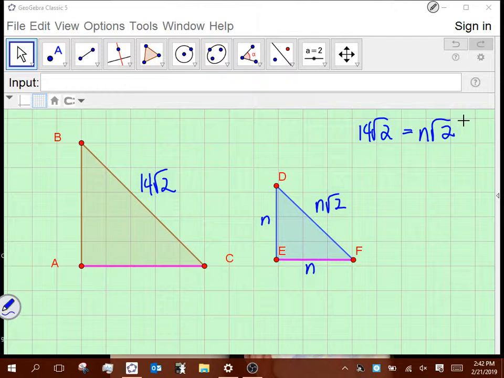The first thing I want you guys to understand, and I don't know how much we talked about it in this class because there's a couple classes that we didn't talk about this last week. N radical 2 is equivalent to radical 2 times n. Does that make sense to everybody? For the same reason, if I had n times 2, is that the same thing as 2 times n?